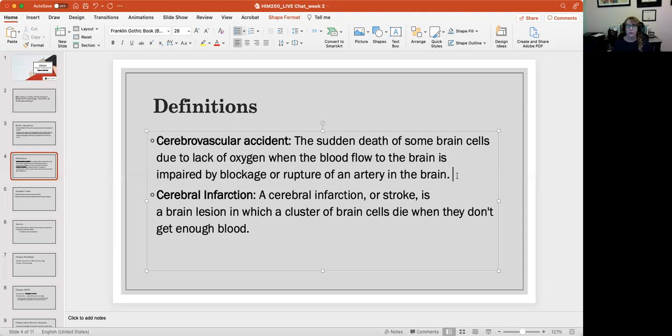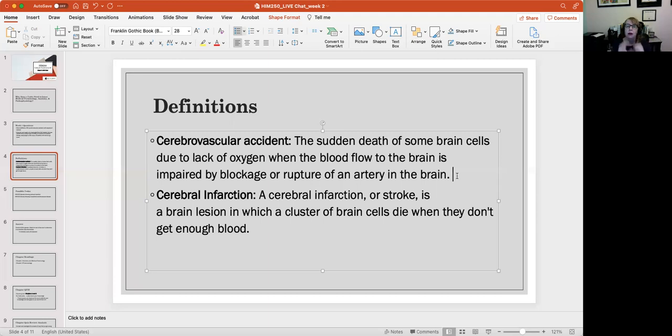All right. So you have an ischemic or a hemorrhagic stroke, also known as a cerebrovascular accident. Now, remember, this is the definition in a dictionary. You have to have an idea of what it is.